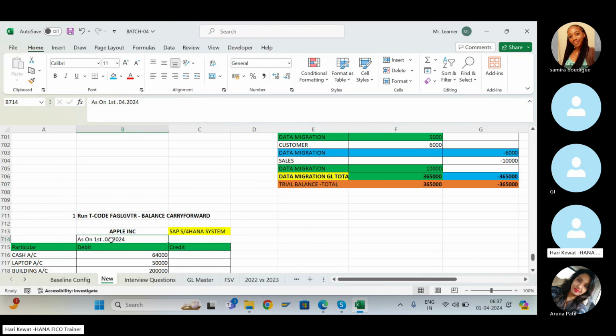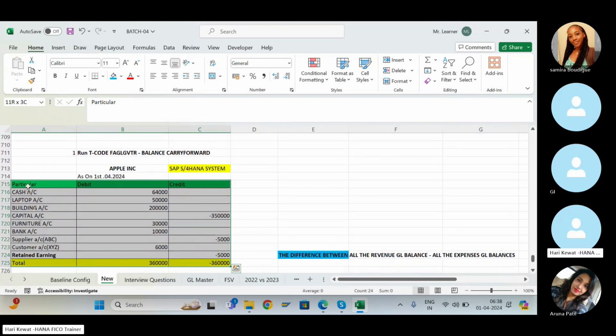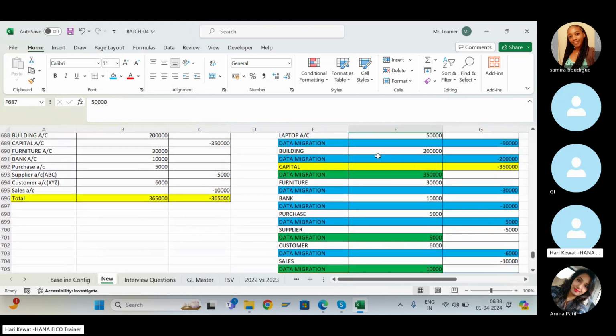It will carry forward, and if you check the balances in the next fiscal year, you'll find this kind of trial balance. If any GL has debit and credit equal, that will become zero balance. GL by GL, it will check debit and credit in the last fiscal year trial balance.